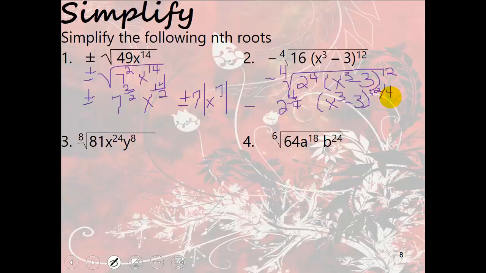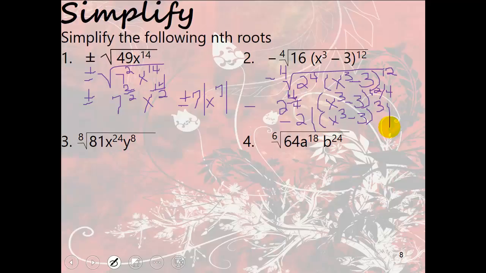Okay, still have my negative. Then I have a 2. I don't have to worry about this 2 going negative, all right? And then I have x cubed minus 3 cubed. When I take 12 divided by 4, that gives me an exponent of 3. And so I have to put this in absolute value bars.